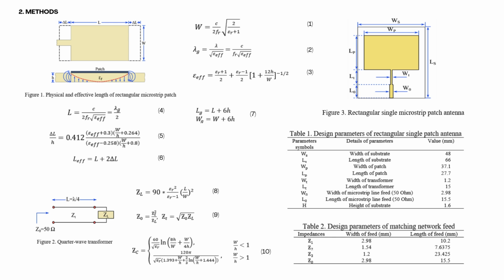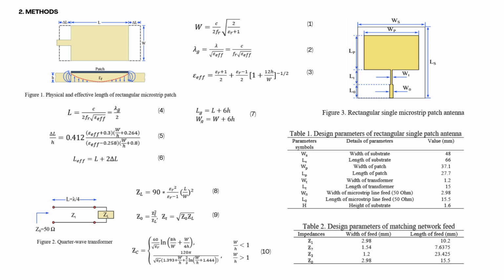About methods, to develop the optimal MPA design, patch dimensions, substrate material, and operating frequency should be defined. The width and length of the patch antenna are key parameters that influence its radiation pattern, impedance matching, resonance frequency, and so on. The equation that we use for calculating patch width is presented in equation 1, where c is the velocity of light, fr is the antenna's resonance frequency, and er its substrate dielectric permittivity.